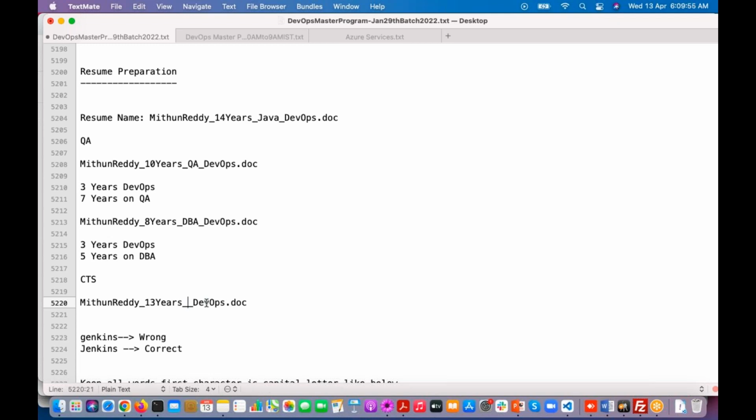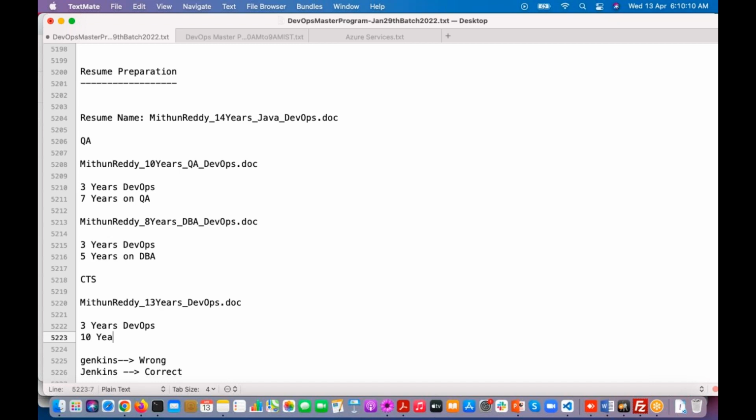What he did, out of 13 years, he showcased 3 years as DevOps, and for the remaining 10 years he mentioned technical support.